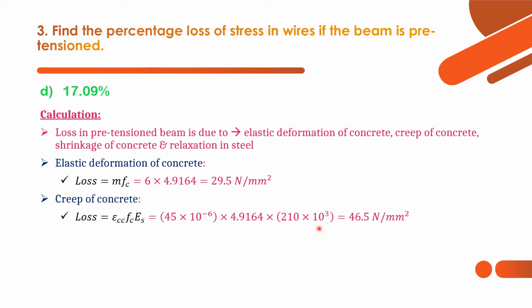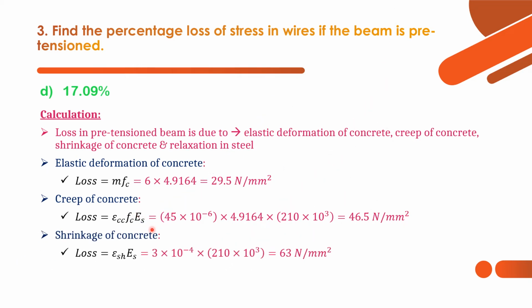Here they have given us 210 kilonewton per meter square. Upon substituting the values, we get the loss value as 46.5 Newton per mm square. So this is the formula for the loss due to creep of concrete, that is epsilon cc into Fc into Es, where epsilon cc is the ultimate creep strain in case of pre-tensioning, Fc is the stress at steel level, and Es is the Young's modulus of steel.